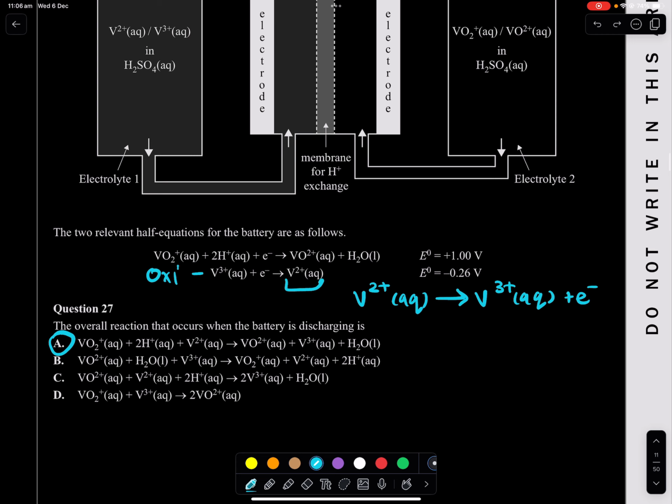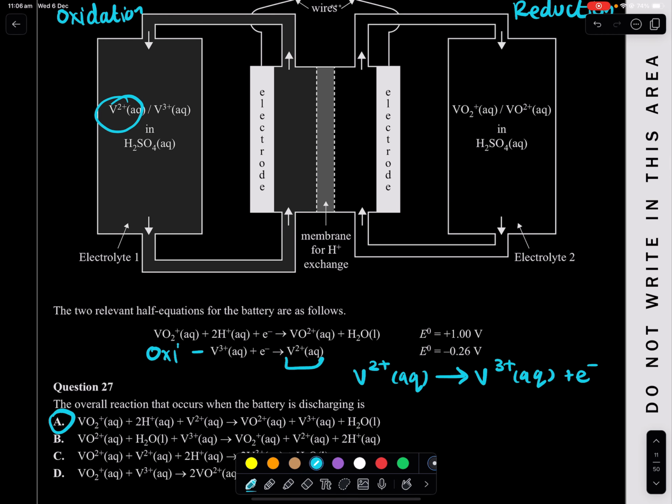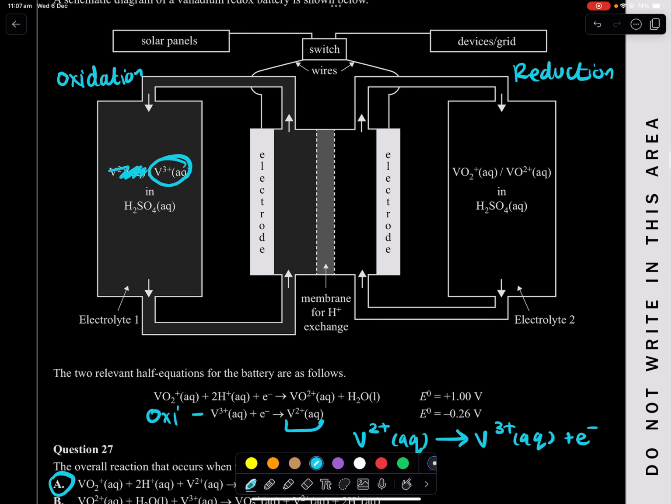Currently we have a lot of V2+, and as time progresses, we are creating V3+, and after some time we don't have any more V2+. Now we have 0 of this, and a lot of this. But because the whole vessel goes through oxidation, V3+ is now going to go through oxidation.